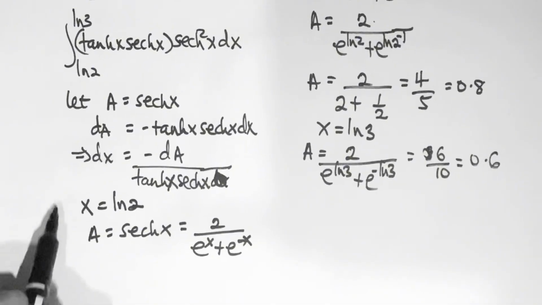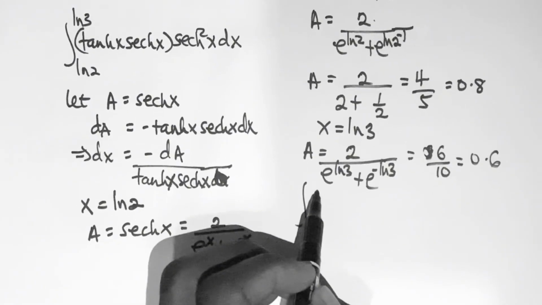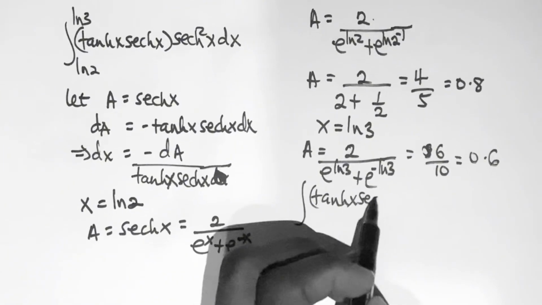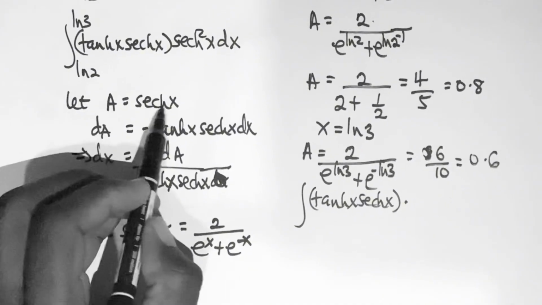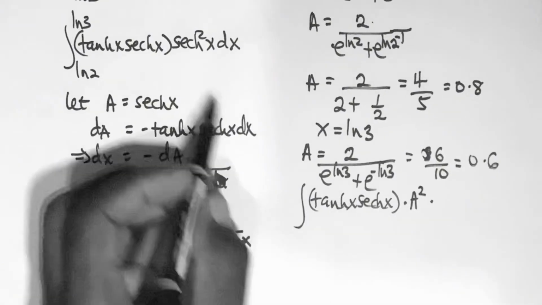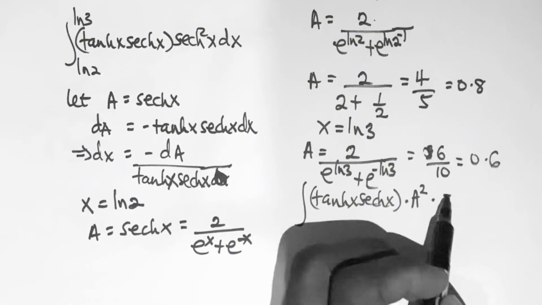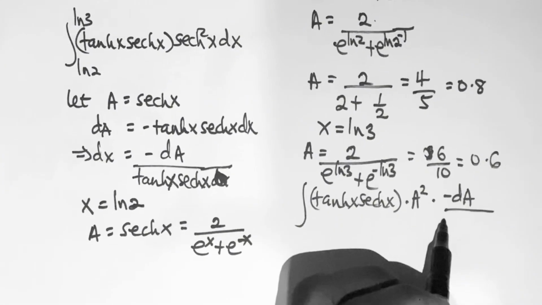So this integral becomes the integral of hyperbolic tan x sec x. Then now we said a is sec x, so sec squared x is a squared, then times dx, but we said that dx is minus dA divided by hyperbolic tan x sec x.